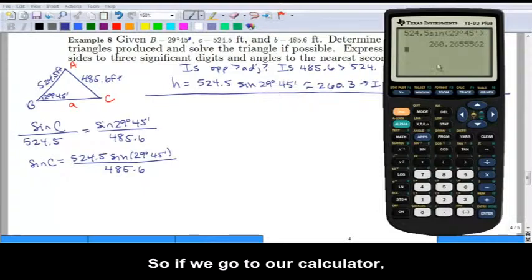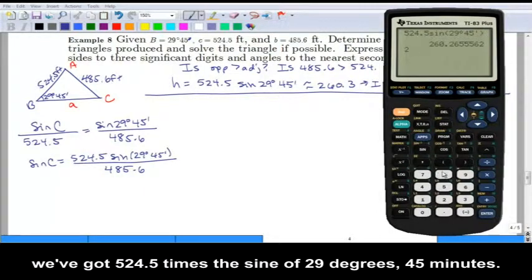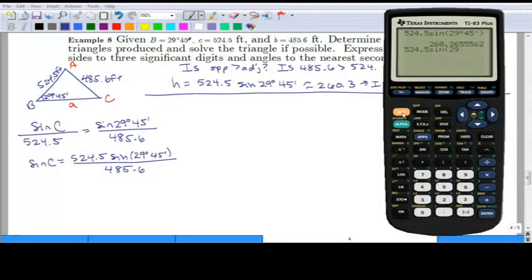So if we go to our calculator, we've got 524.5 times the sine of 29 degrees, 45 minutes, close the parentheses, divided by 485.6.